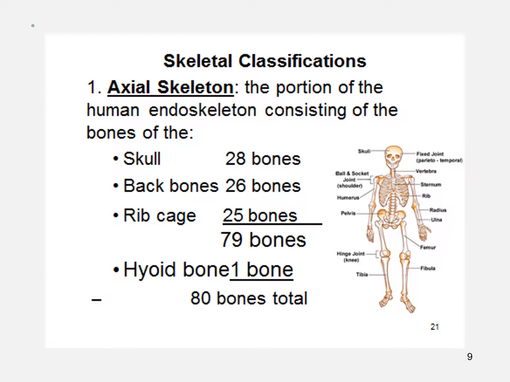Again, the axial consists of 80 bones: the skull, the backbone like the vertebrae, and the rib cage.